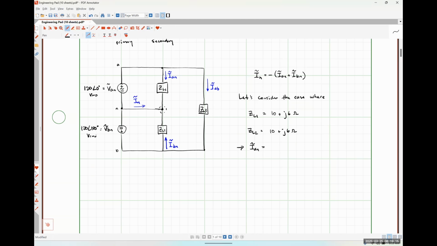So maybe it would be helpful for now if I identified my different nodes. Okay. That's all one node. That's all one node.